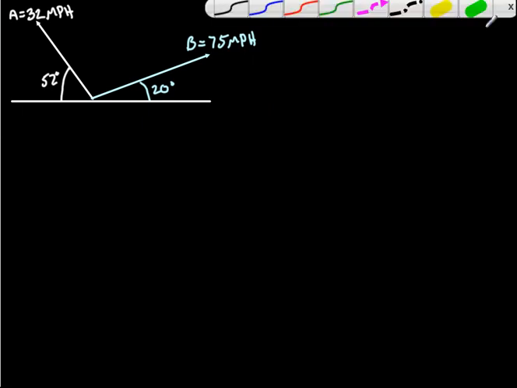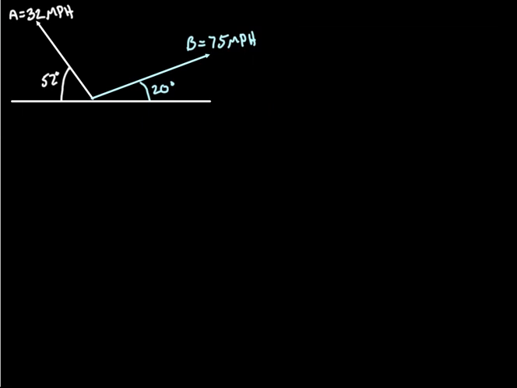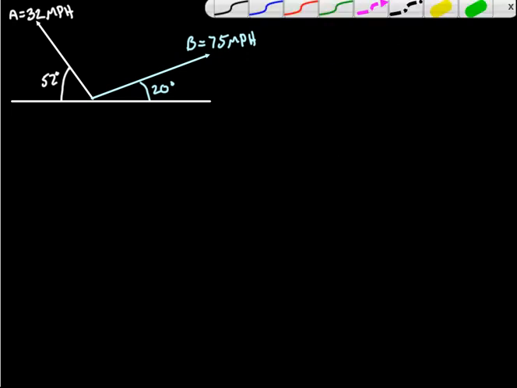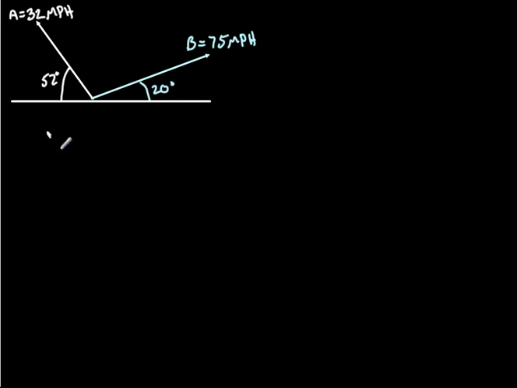And we're going to come over and we're going to start to do some stuff. So we have vector A. We're just going to work on vector A first. So we have vector A at 32 miles per hour at a 52-degree angle.